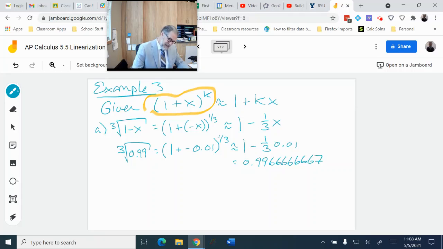It doesn't matter. The cube root of 0.99 is actually 0.9966554934. And as you can see, my error starts here in the 5th decimal. So my error is going to be less than 10 to the negative 4.